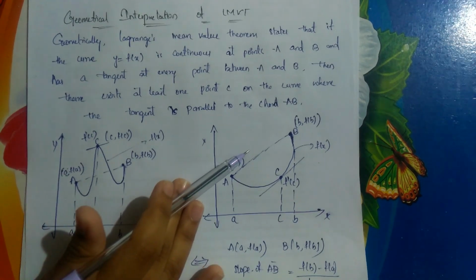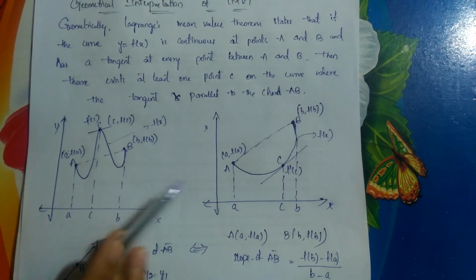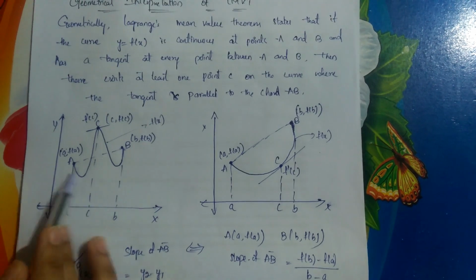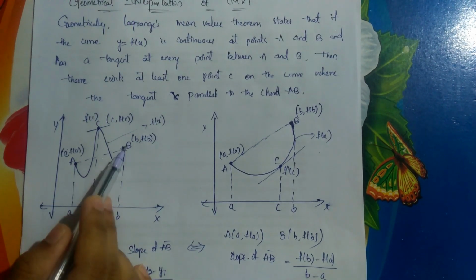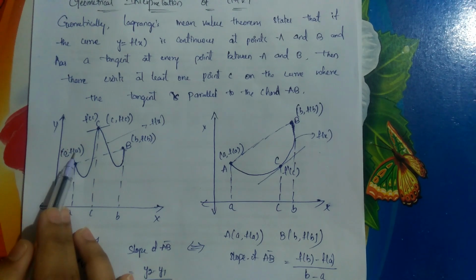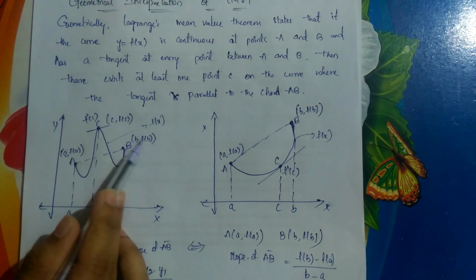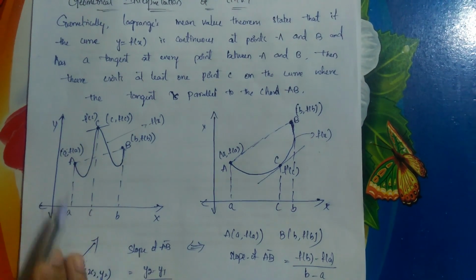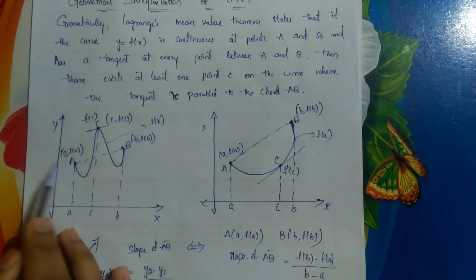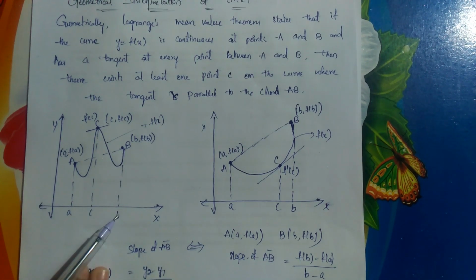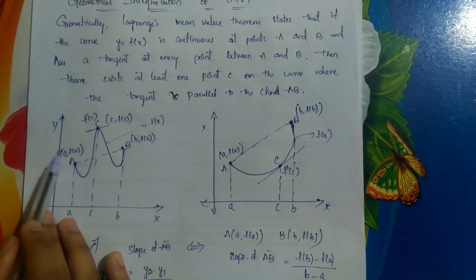So if you see the graphs here, in the first graph the curve is like this, and here the points are A and B. The coordinates of A is a comma f of a, and the coordinates of B is b comma f of b. When we plot it to the x-axis, this will be a and this will be f of a, and for b, on the x-axis this is b, and on the y-axis somewhere here it will be f of b.